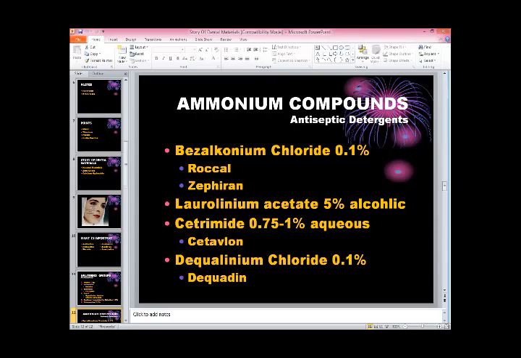So when we add these ammonium compounds with the halogen group, it will be a very effective antiseptic, because these ammonium compounds are also good antiseptics, but they are detergents.